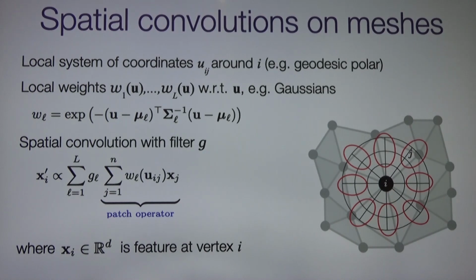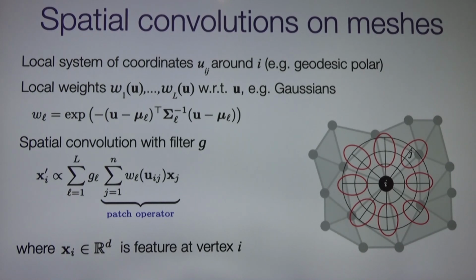and it is really unclear how you define a grid-like structure on a mesh. So remember, a mesh depicted here in gray is irregular, so it is not a grid in any way. So one way to go about synthesizing this grid-like structure on a mesh is that you select a vertex.